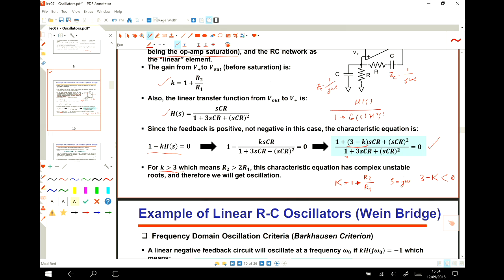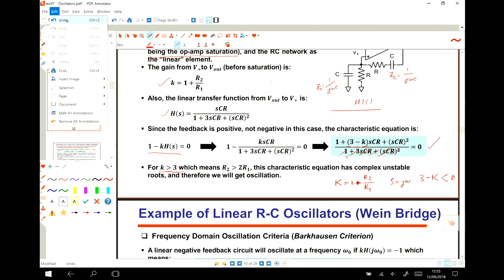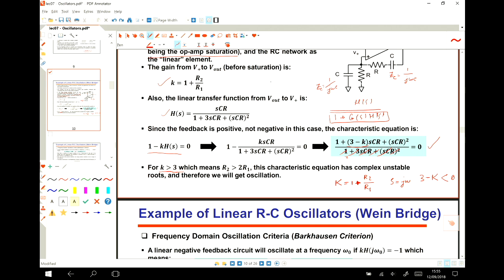So this is the whole system, okay? I mean, I want this to be equal 0. So forget about this part. Only this one should be 0. Because this is only the denominator of the main function. The denominator of the main function I put that equal to 0. Okay?